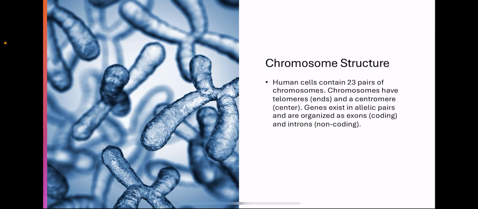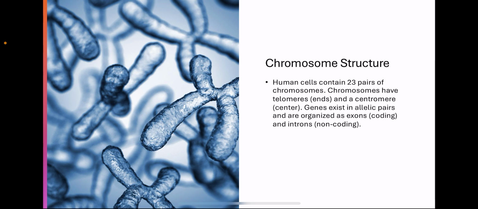When it comes to chromosome structure, chromosomes are highly organized DNA protein complexes found in the nucleus of eukaryotic cells. Humans have 23 pairs of chromosomes. 22 pairs are autosomes, and then 1 pair is sex chromosomes. Each chromosome has a centromere, telomeres at both ends, and contains numerous genes.